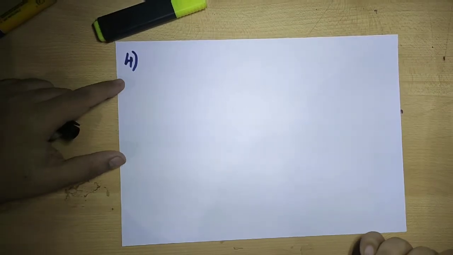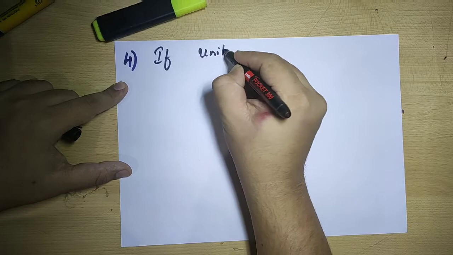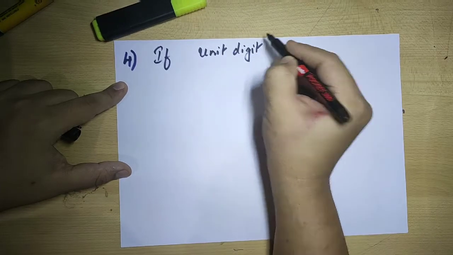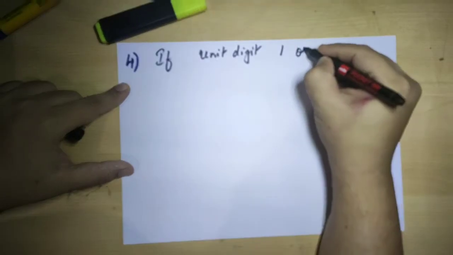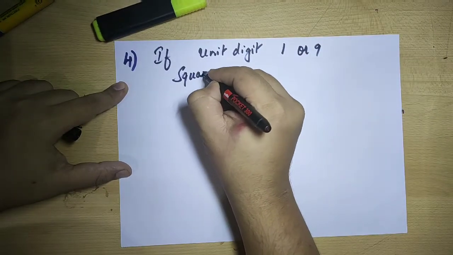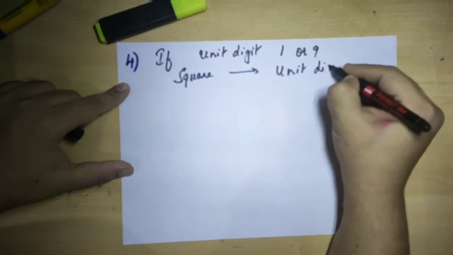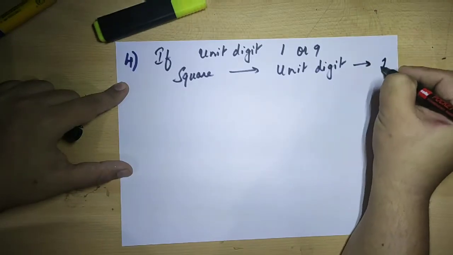Let us come down to the fourth property of the square numbers. If the unit digit ends with 1 or 9, then the square always has the unit digit 1.